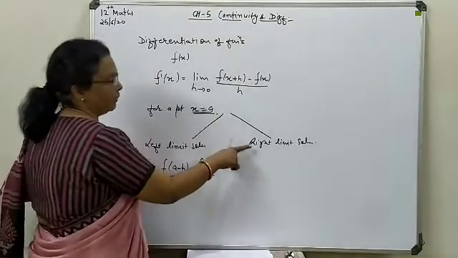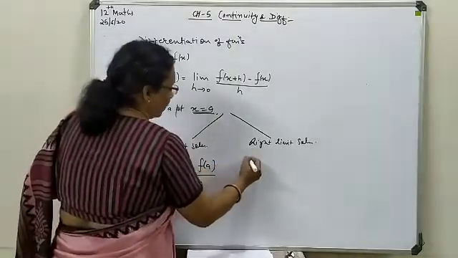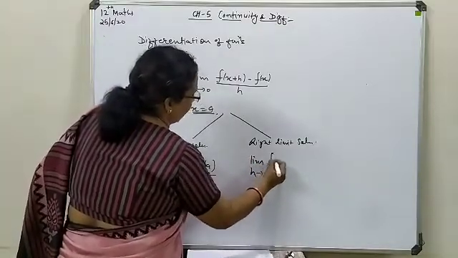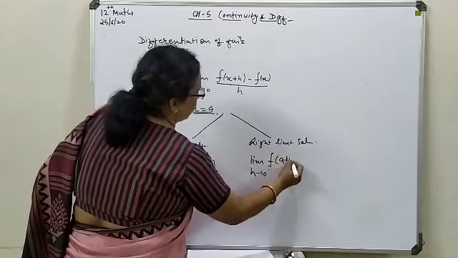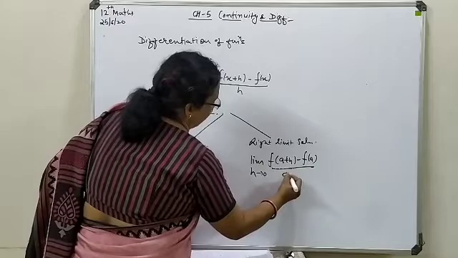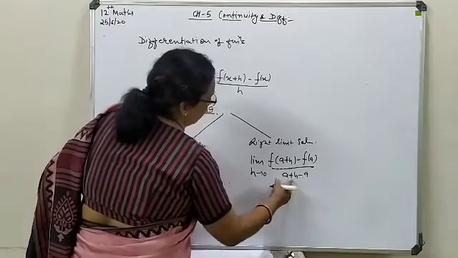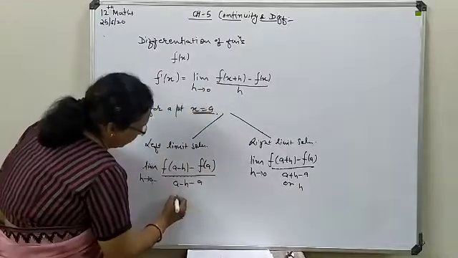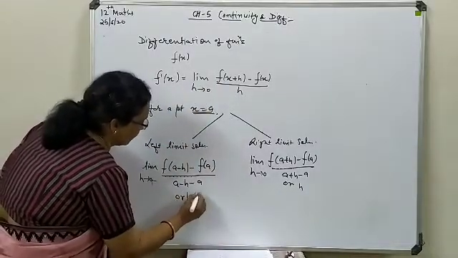Secondly, for the right limit solution, you will evaluate limit h tends to 0, f(a plus h) minus f(a) upon a plus h minus a, which can be written directly as h only.